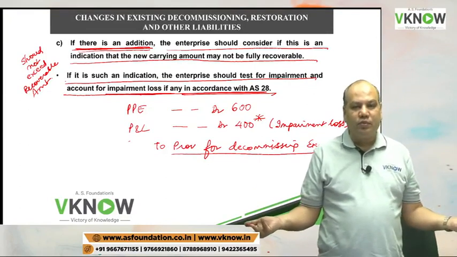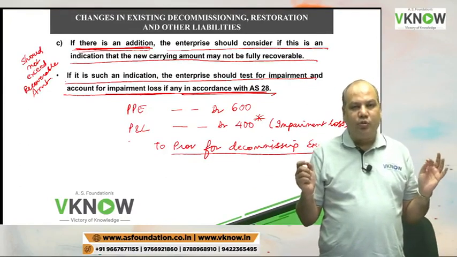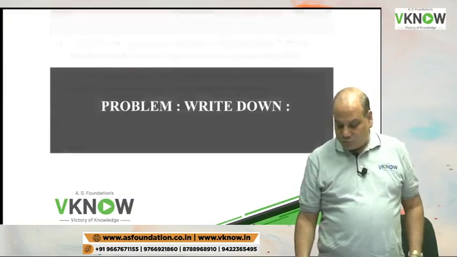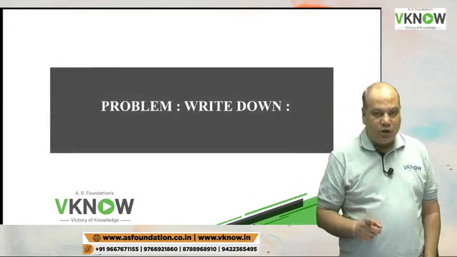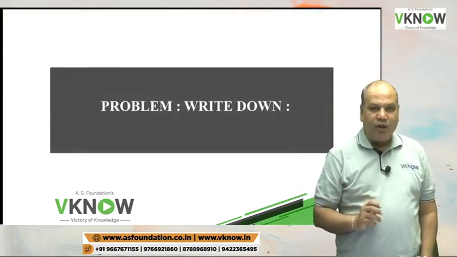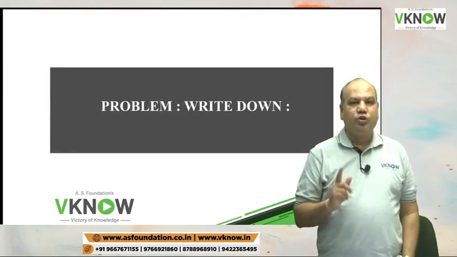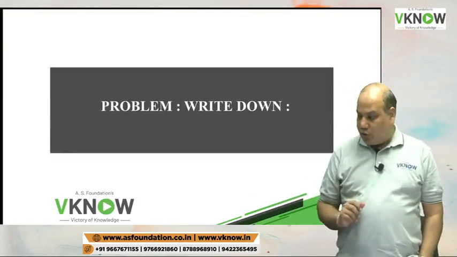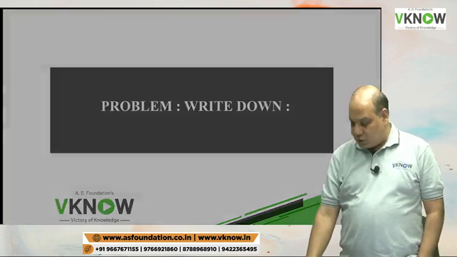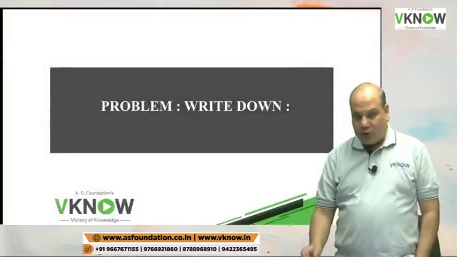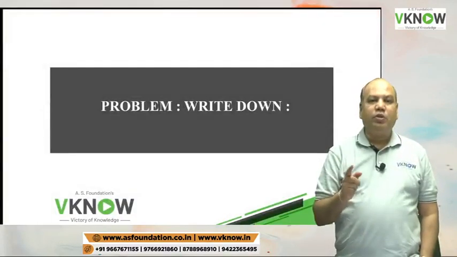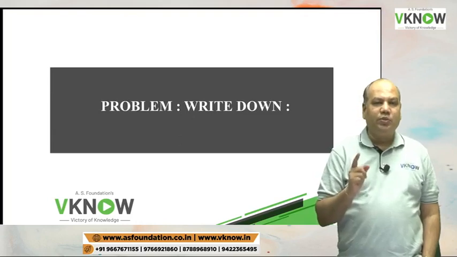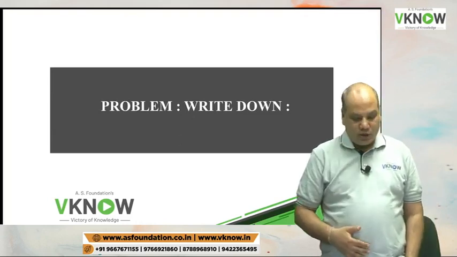So I am going to dictate a question on change in decommissioning liability, where the entity follows the cost model. With an example, the concept will become permanently clear. Do you want to write a question on change in decommissioning liability? First tell me that.